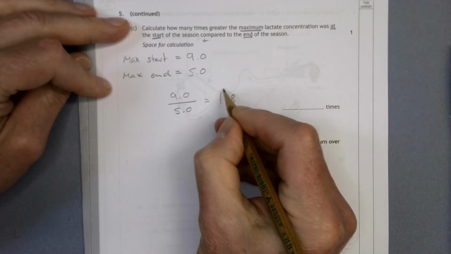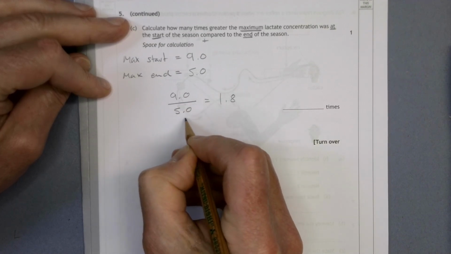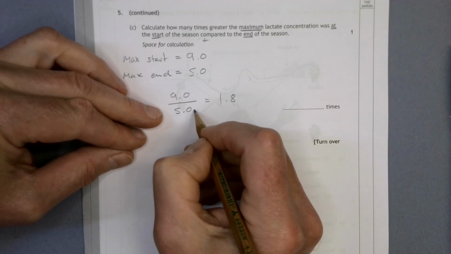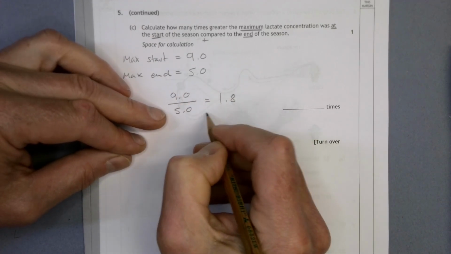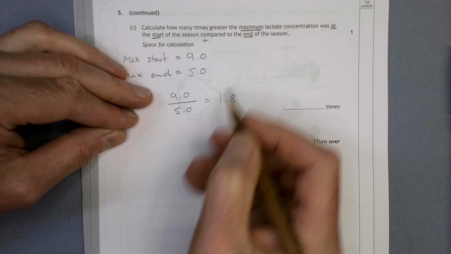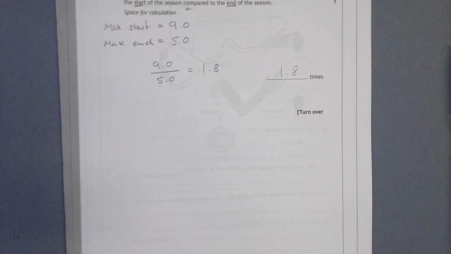How many times do you multiply this number to get that? There's various different ways of thinking about this. But the way we do it, we divide. It's the opposite. All right. So 1.8. Sorry about that rather vague description, but that's how we do it.